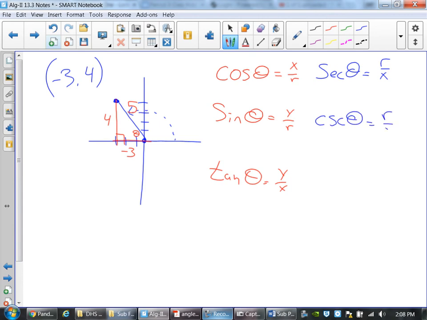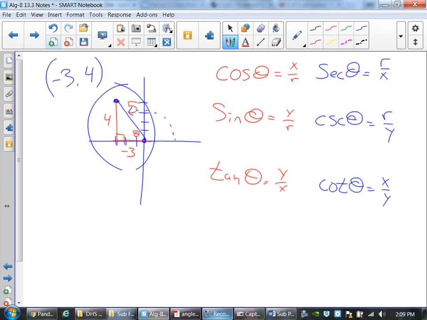R over y. Reciprocal of tangent? So what this allows you to do is take the trig values of any point in space in relation to its reference angle theta by using Pythagorean theorem.